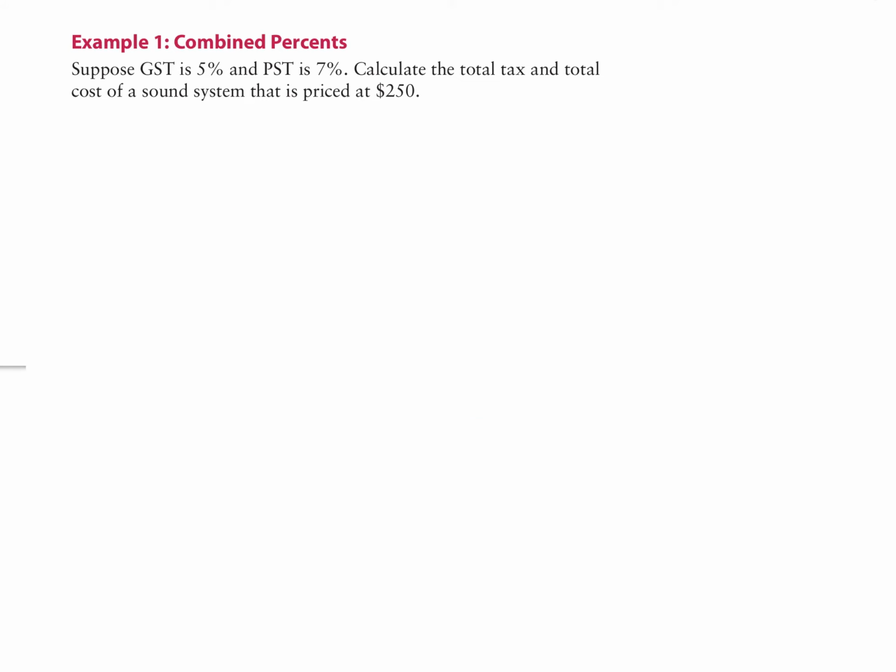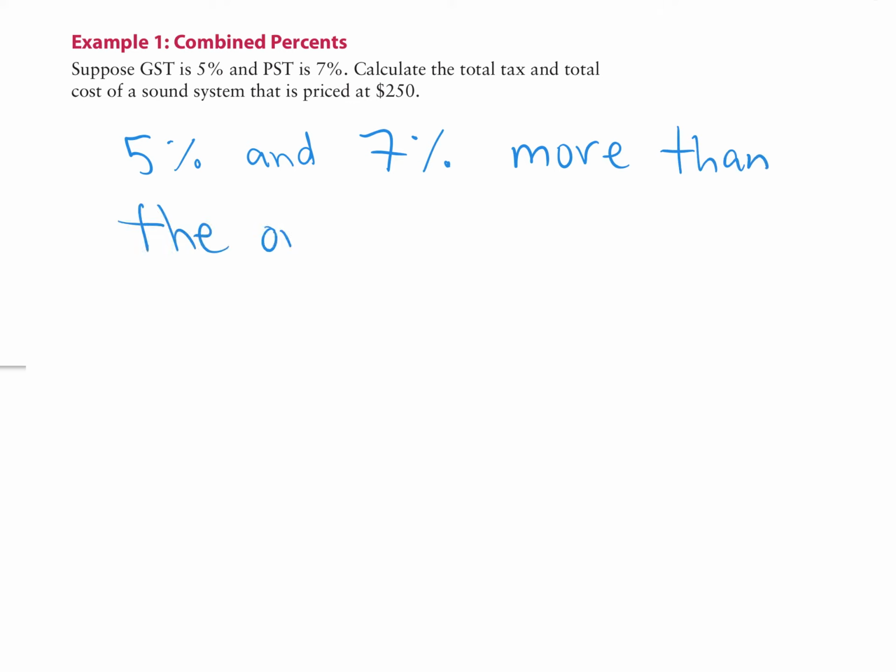The third method is what we do is we consider, if I'm going to pay 5% and 7% more than the original price, what percentage of the $250 stereo am I paying? Well, I know I have to pay the whole price.